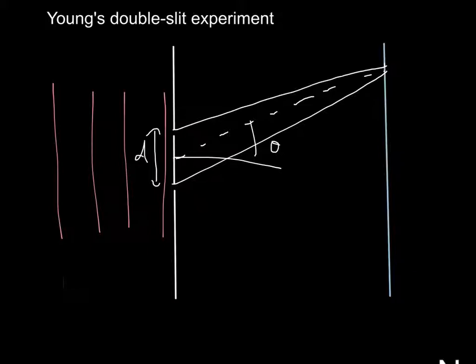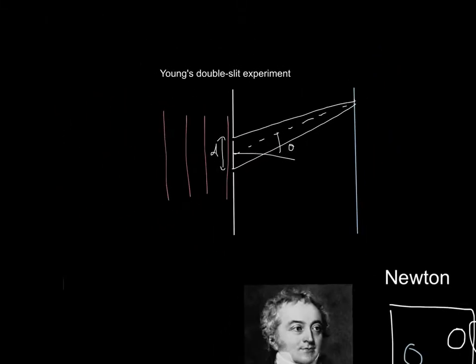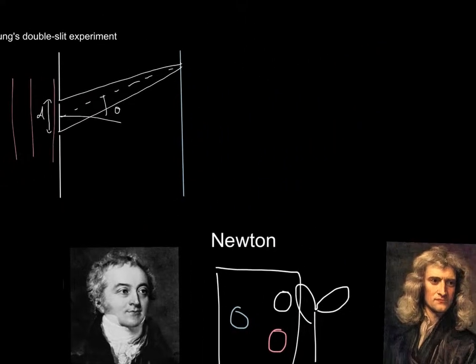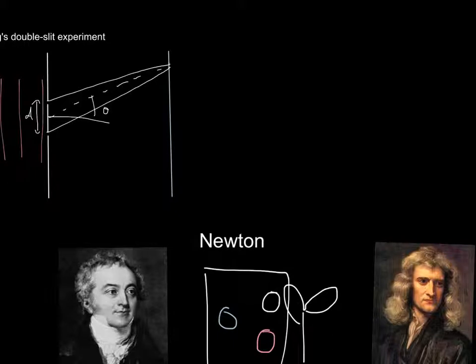Now I need to redraw this thing to show that these rays are really parallel. So let me do this. I'm going to zoom out and try to do this on the other side. If I redraw this with these two rays being parallel, I have the opening and another opening, and then I don't show the screen because it's infinitely far away.